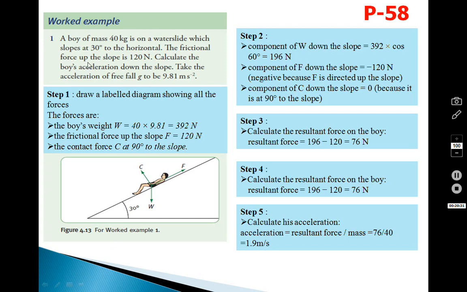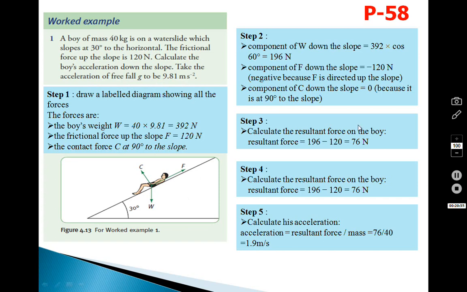The frictional force up the slope is equal to 120 Newton. Calculate the boy's acceleration down the slope. Take the acceleration of free fall g to be 9.81 m/s².